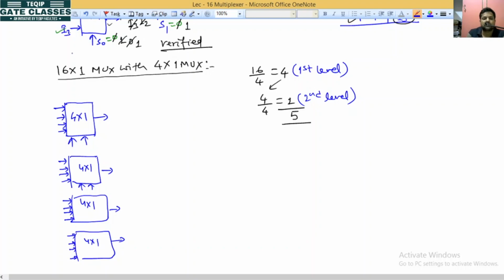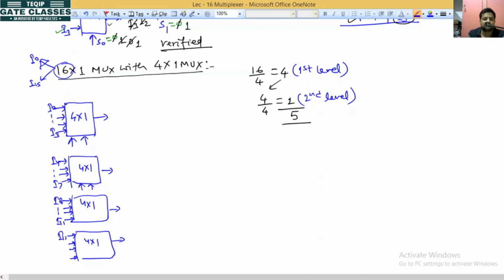So total, if you talk about 16, then what will be the input value? It is I0 to I15. Okay na, so here it will be I0, this one will be I3, I4, I7. Okay na, in between you can write yourself. So it will be I8, this one will be I11.